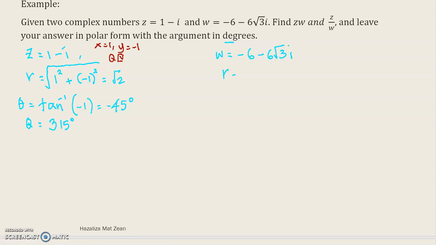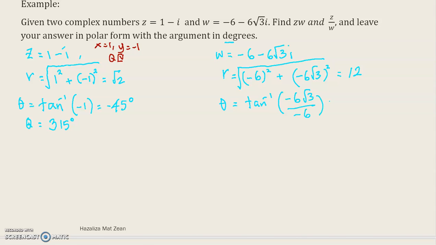And then we take a look at w. r should be the square root of negative 6 squared plus negative 6√3 squared. When we calculate, this is going to be 12, and theta is going to be arctangent of negative 6√3 over negative 6.